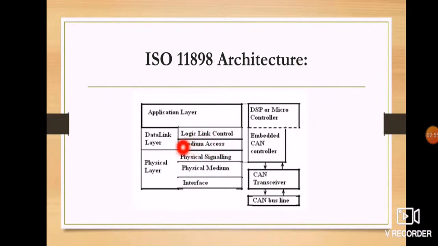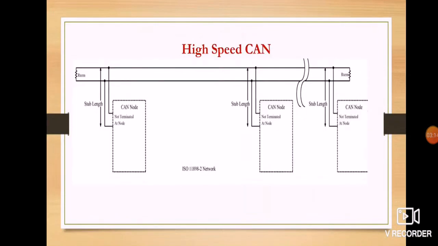This control unit defines what needs to be done. Once this process is done, it does the vice versa and sends through the transmitter. Here we have two CANs, high speed CAN and low speed CAN.